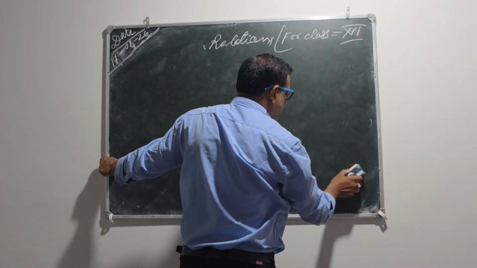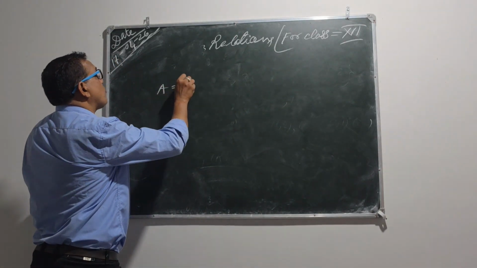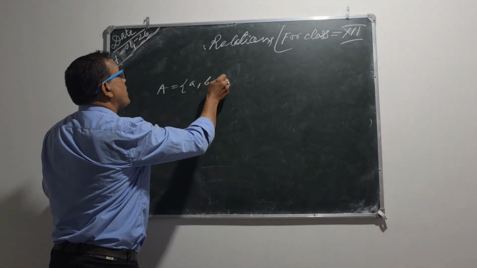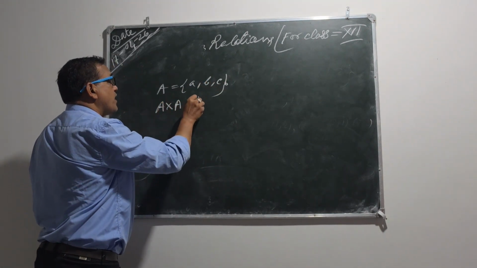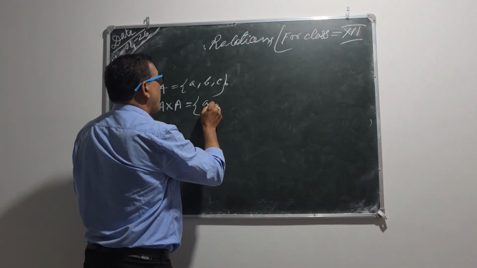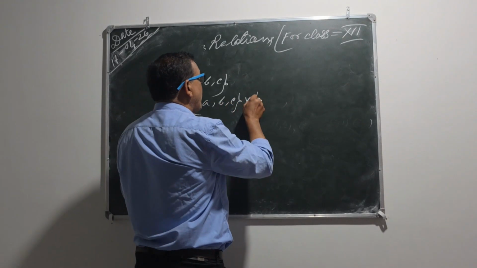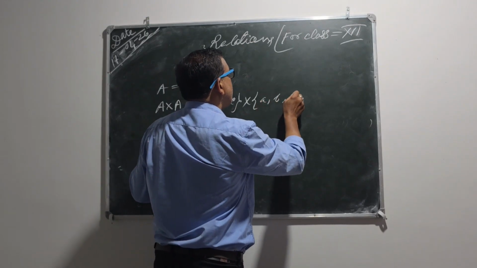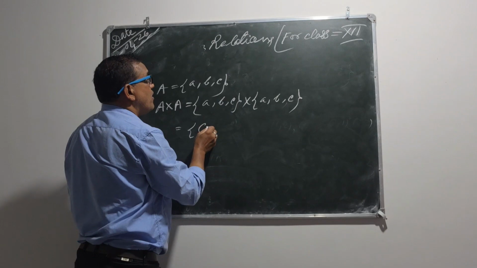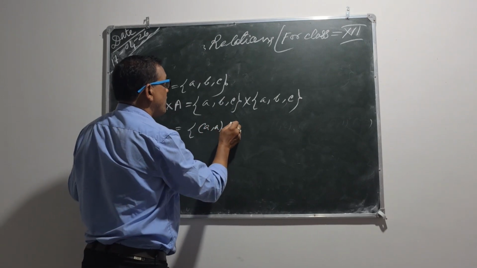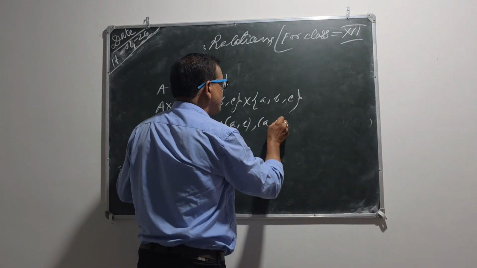Then what will be A cross A? If we have given A equal to {a, b, c}, then A cross A will be how much? A cross A will be {a, b, c} multiplied by again {a, b, c}. Then let us multiply with this. It will be (a, a), (a, b), (a, c).